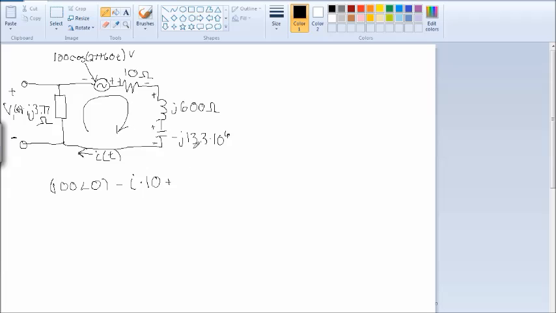Same thing with the inductor. That's why I already put the impedance here in that form, so we don't have to calculate the impedance as we're going along with this equation.